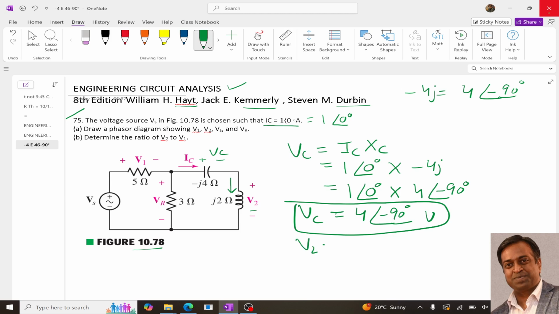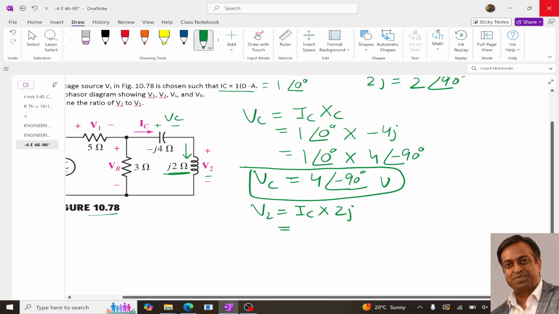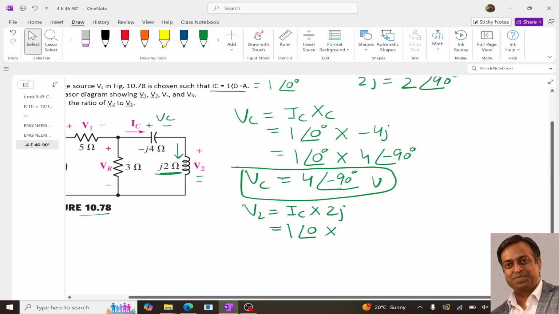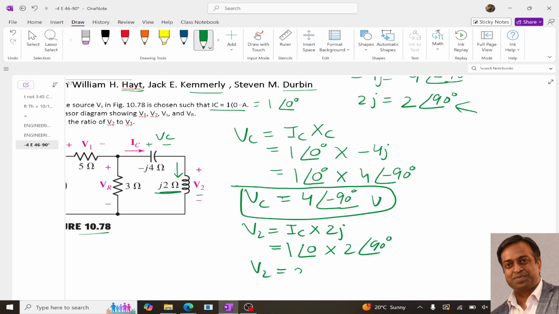V2 will be IC into the impedance 2j, and 2j in phasor form is 2 angle 90 degree.